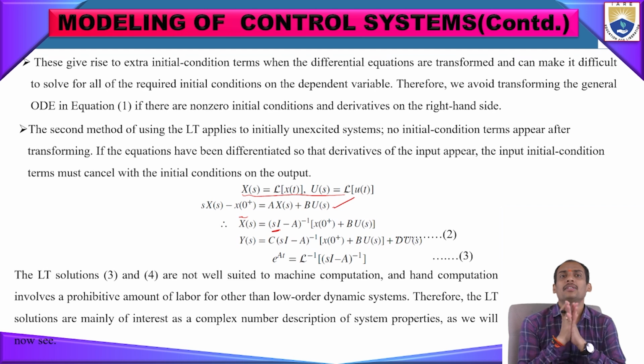So for that, what we need to do, we will make it a quadratic equation, like A minus lambda. That is the eigenvalue characteristic equation, which we get by taking A minus lambda I. Here lambda means s only. So in terms of s, we will get a quadratic equation.